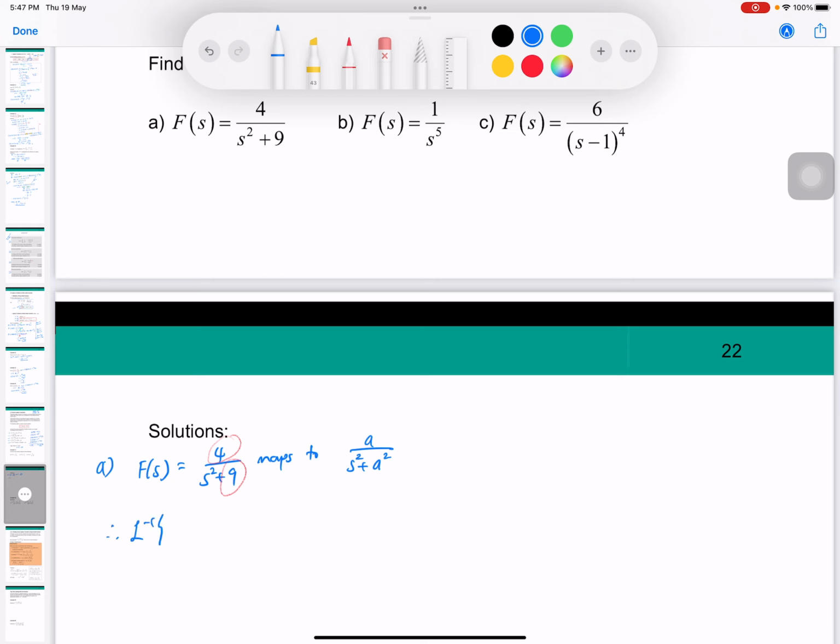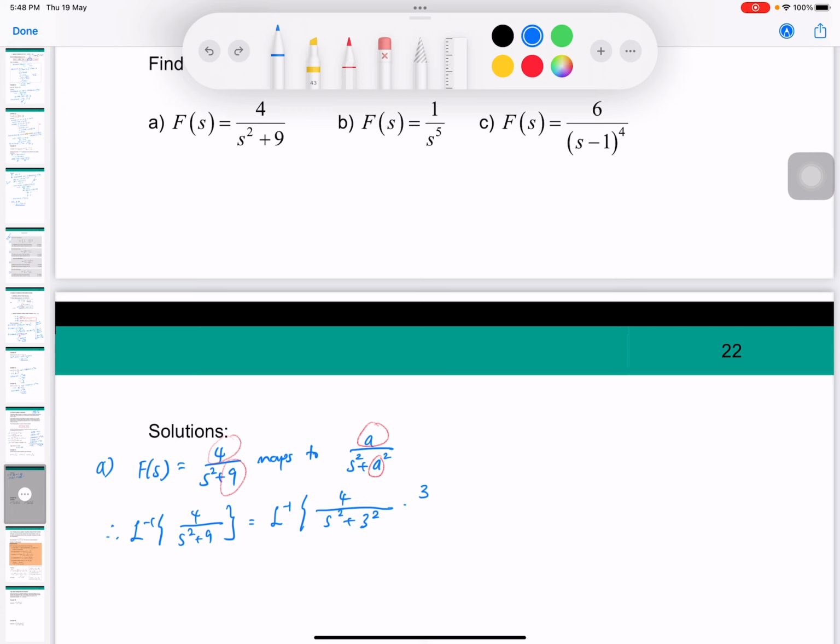So Laplace inverse of 4 over s squared plus 9 equals to, okay, so this is 4 over s squared plus 3 squared. In order for us to use this a up here with the a squared down there, I need to multiply this with 3, because I need a 3 up here actually.